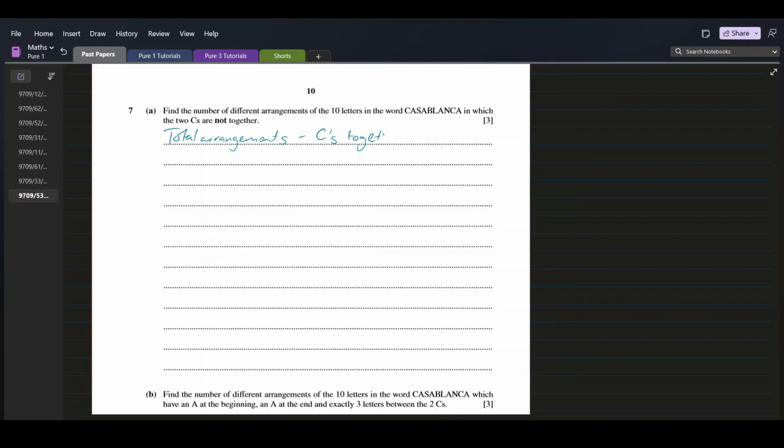So if we subtract the C's being together from the total arrangements, where there are no restrictions, we get the total arrangements in which the C's are not together.